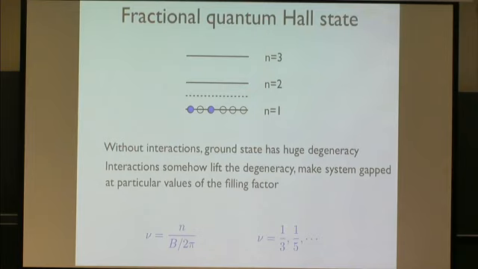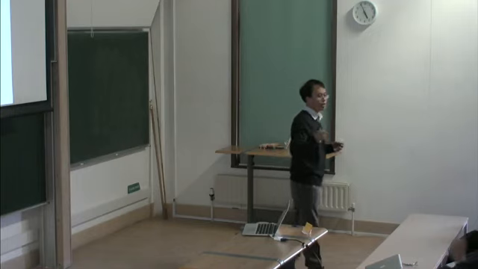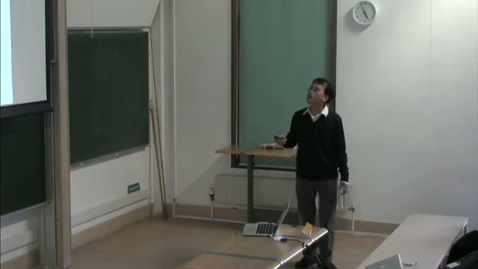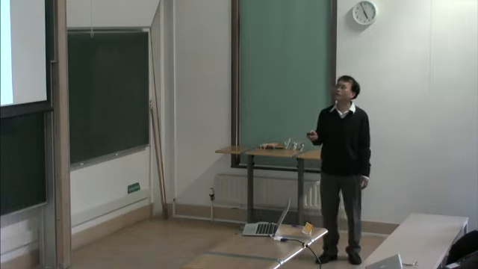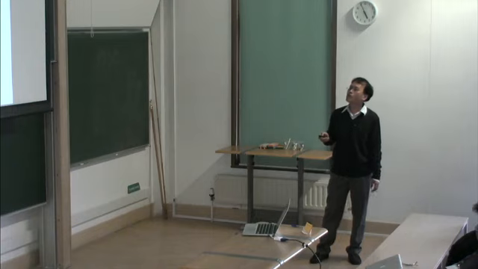So somehow the fact that we have a quantum Hall plateau at nu equal 1/3 tells us that the interaction between the electrons is very important for the physics. We now think that interaction somehow lifts the degeneracy of the ground states.